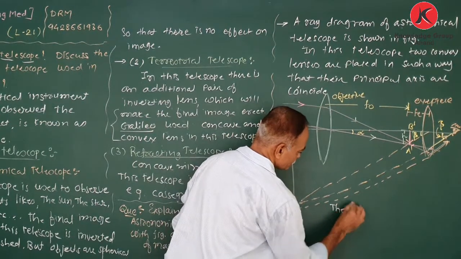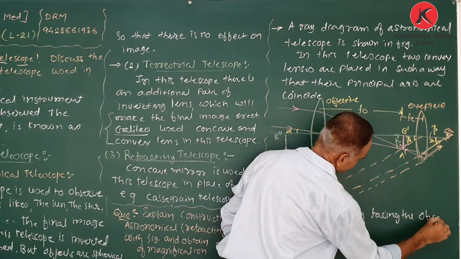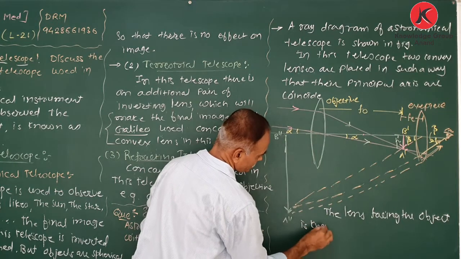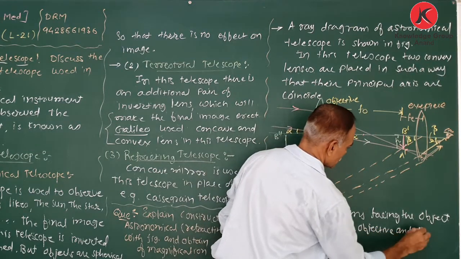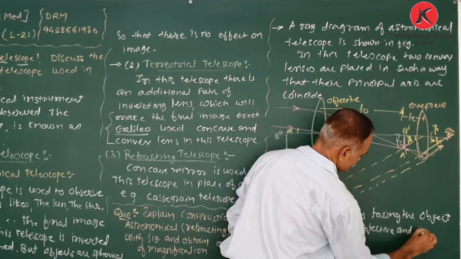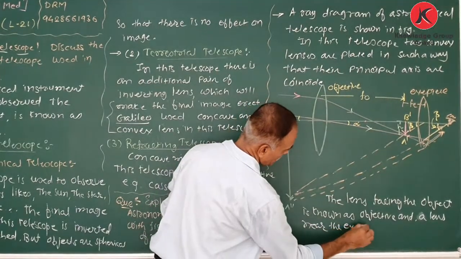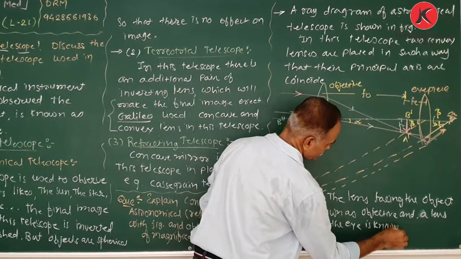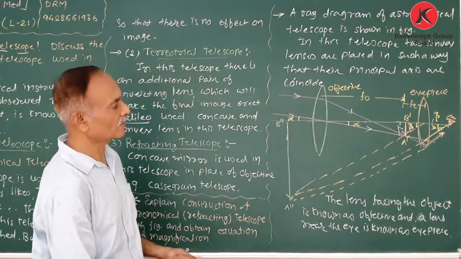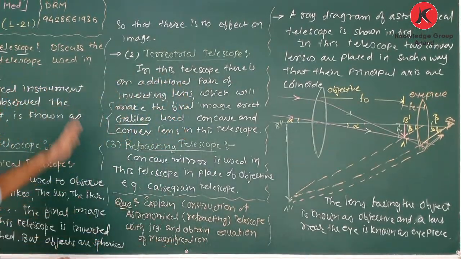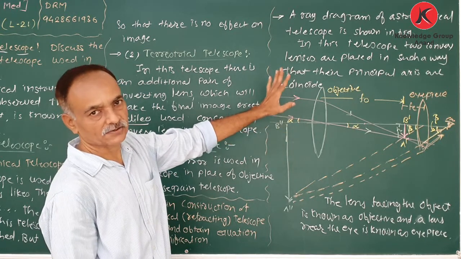Do you hear this? Okay. So now we have the definition of telescope, types of telescope, and the ray diagram of the astronomical telescope.